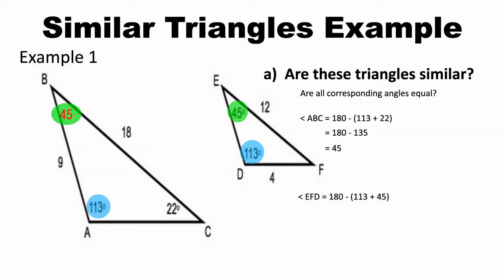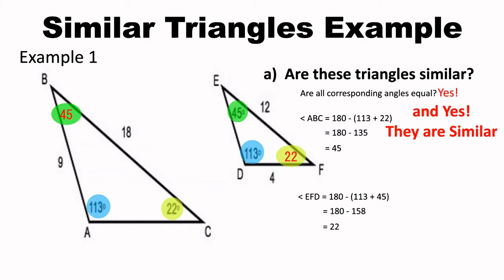They're 113 and 45. So EFD must be what's left over when I take that sum away from 180. So 180 minus 158, and that leaves me with 22 degrees. So both of these triangles have all the same corresponding angle measures, and yes, they must be similar.